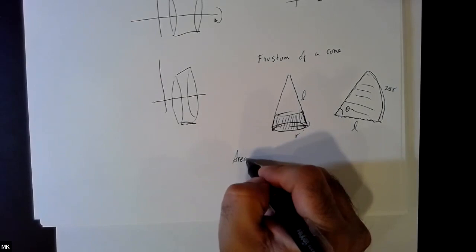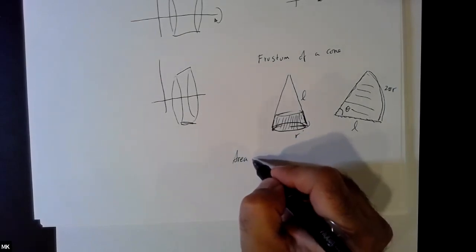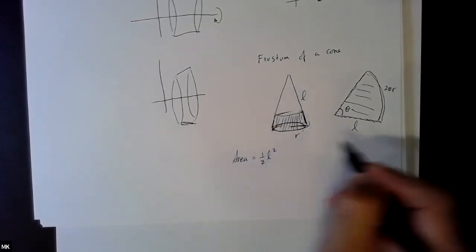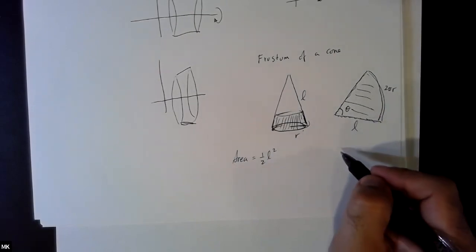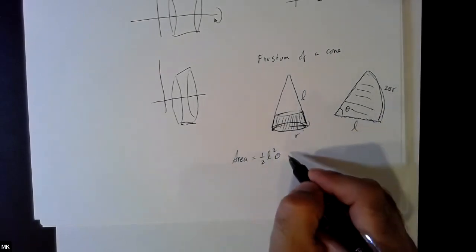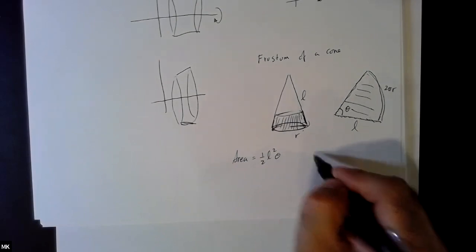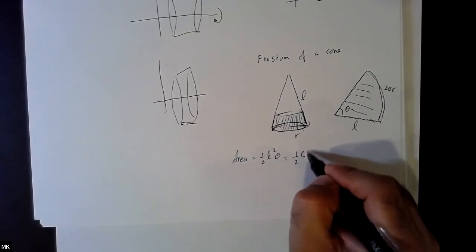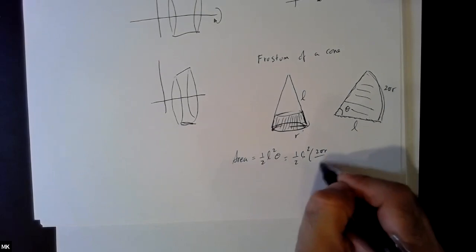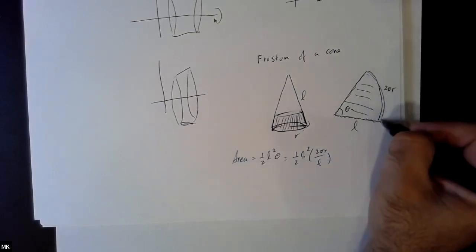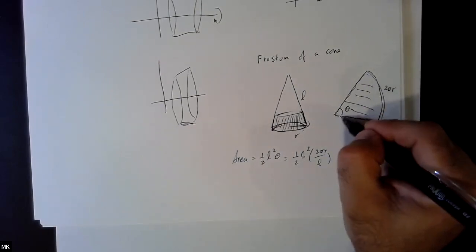Area, from geometry, would be 1/2 L squared times theta. And theta is 2 pi R over L, because you divide the arc length by the radius and you get the angle.